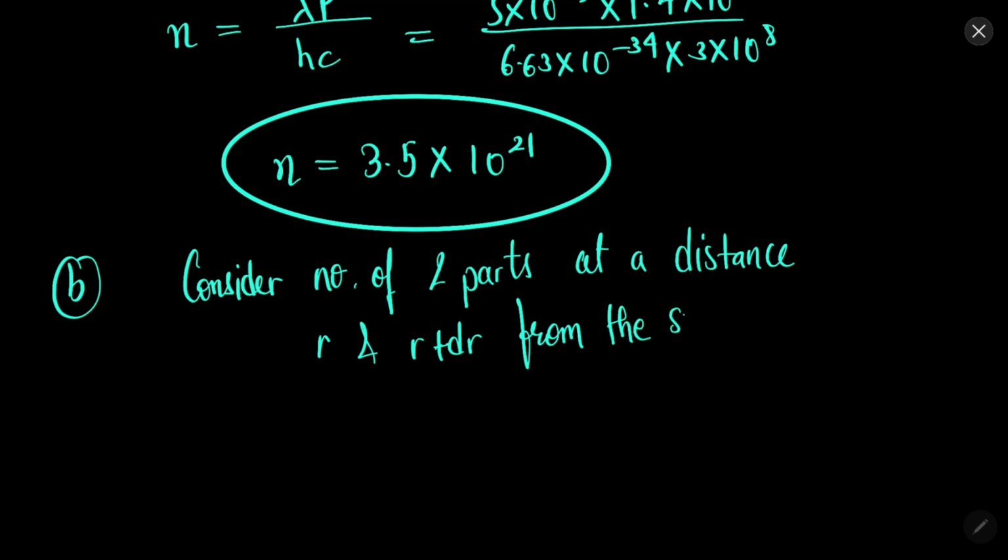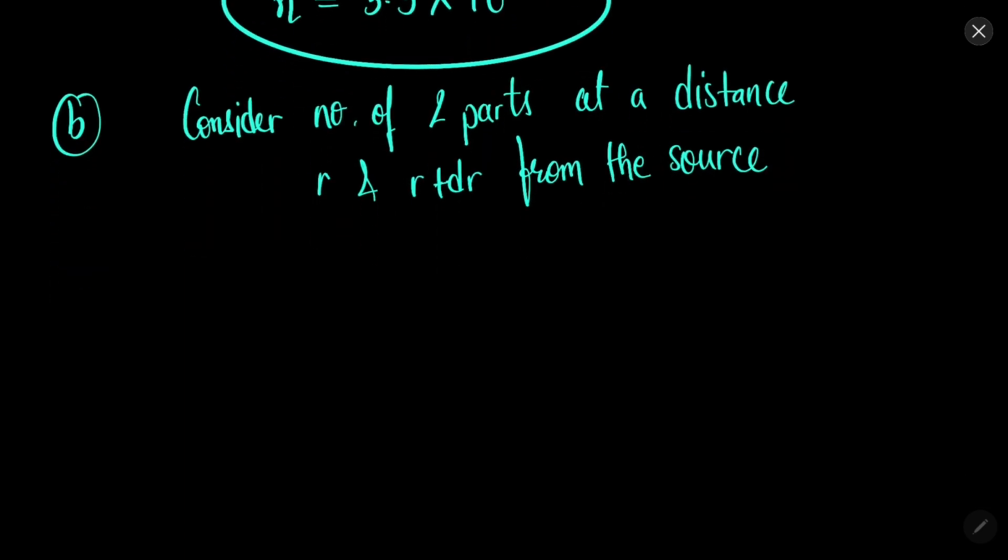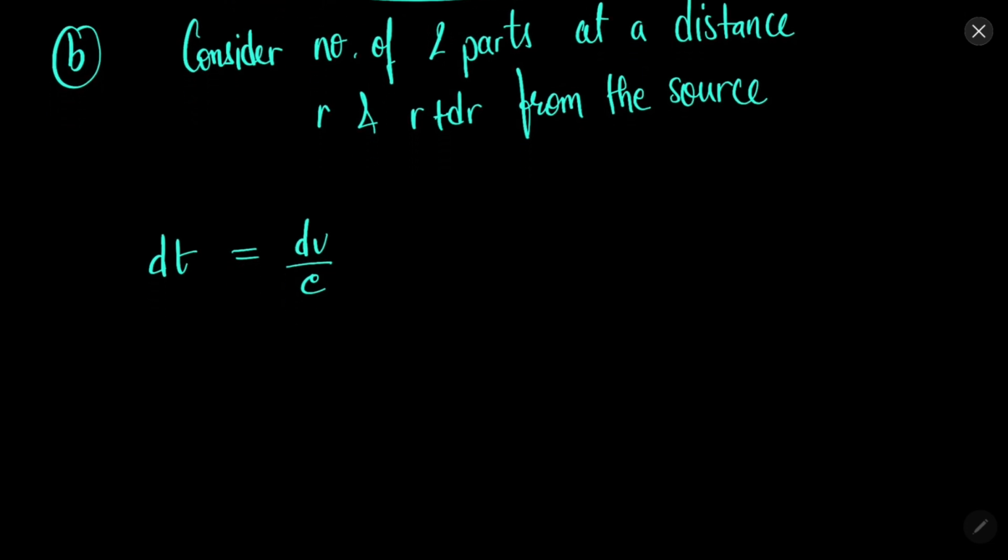So one point is r distance from the source and another point is r plus dr distance from the source. In time interval dt, how many photons will reach? P dt over E, this many photons will reach.